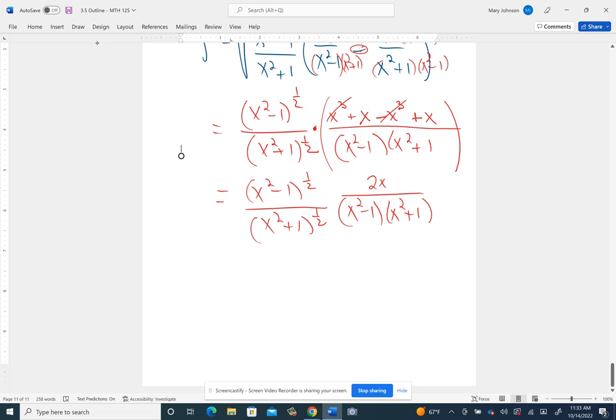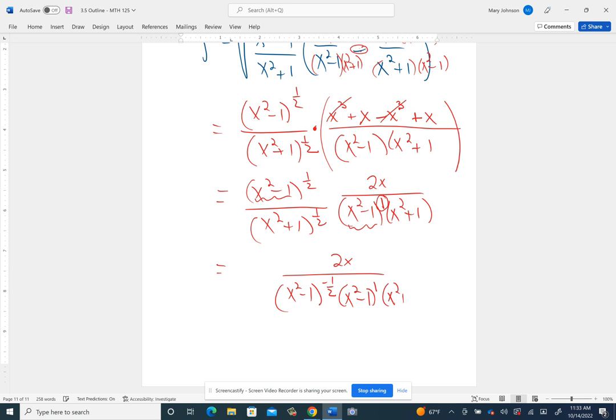So what I can do is this one's on top, this one's on the bottom to the first power. So I can bring that x squared minus 1 to the 1/2 down, which would make it a negative 1/2. Maybe I'll show you that. I can bring that x squared minus 1 to the denominator. And then, I already had an x squared minus 1 to the first.